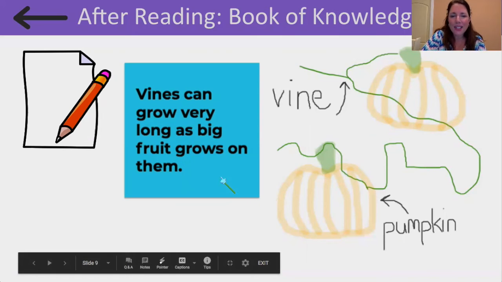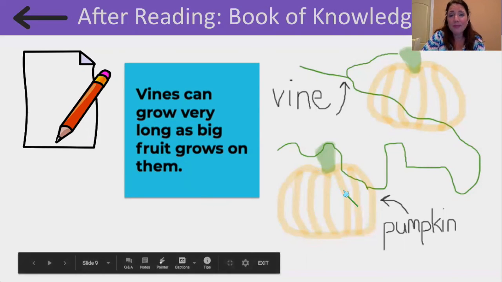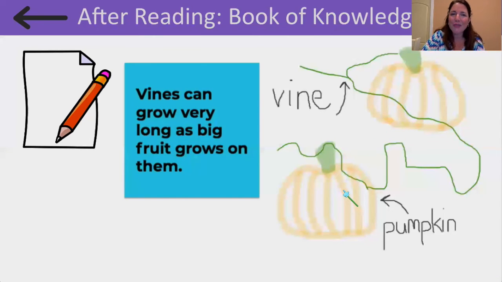And I jotted down something that I learned using my sentence starter, that vines can grow very long as big fruit grows on them. And we learned about one of those big fruits that grow on a vine, like the pumpkin. So readers, share what you jotted down in your book of knowledge.